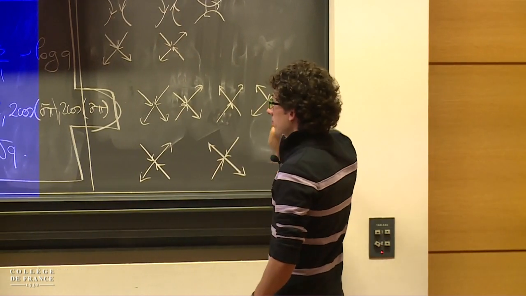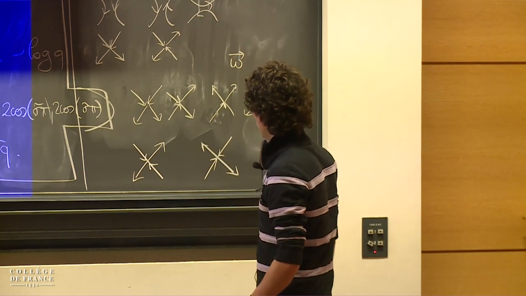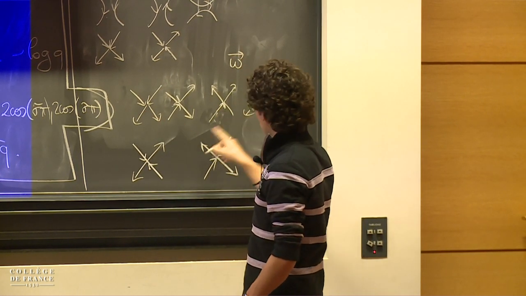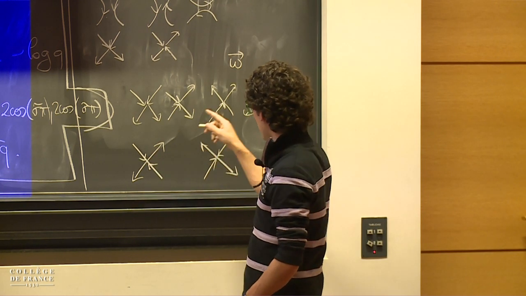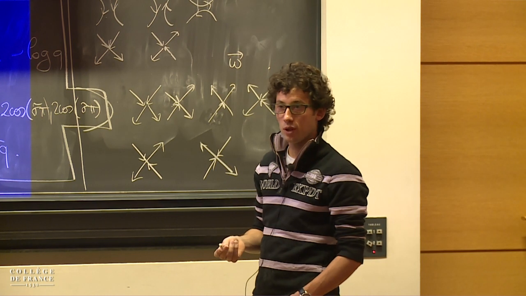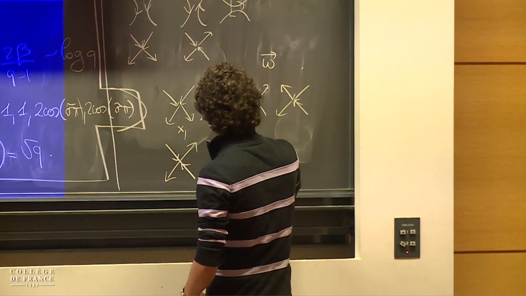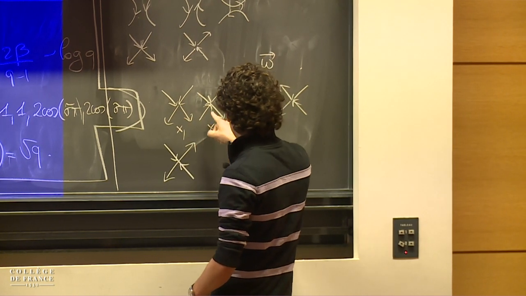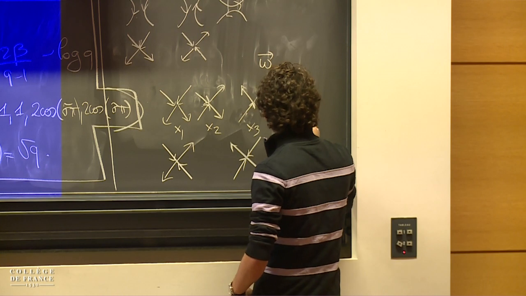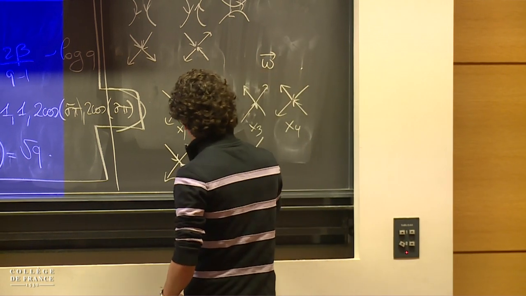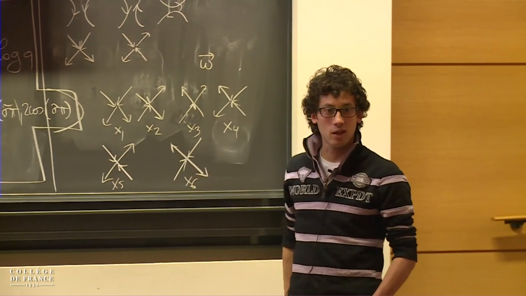Well, look at configurations like that. I will call them omega arrow. Around every vertex of the medial graph, I need to see that, and say that the probability of a configuration is proportional to x1 to the number of patterns like that, x2 to the number of vertices like that, x3 to the number of vertices like that, x4 to the number of vertices like that, and x5, x6 to the number of vertices respectively like that and like that.